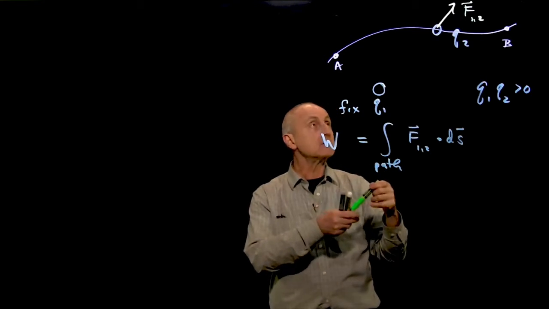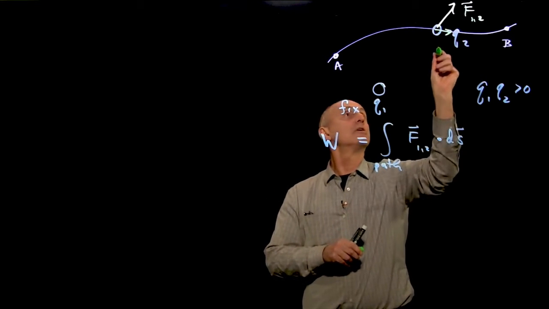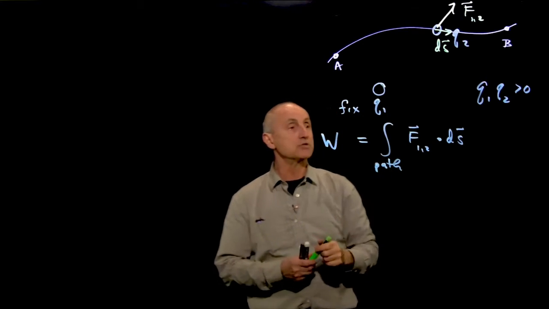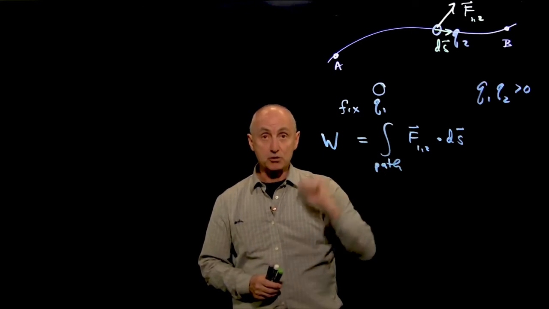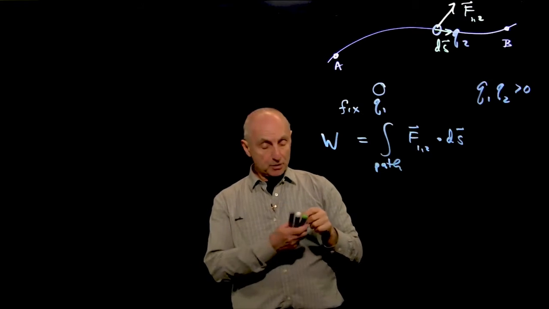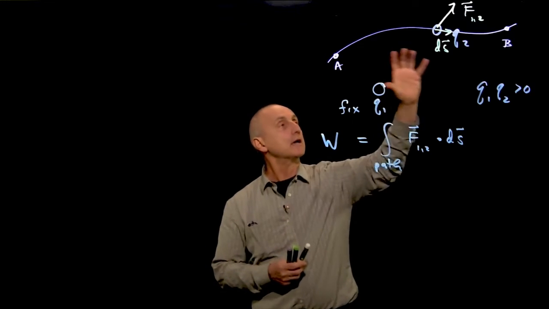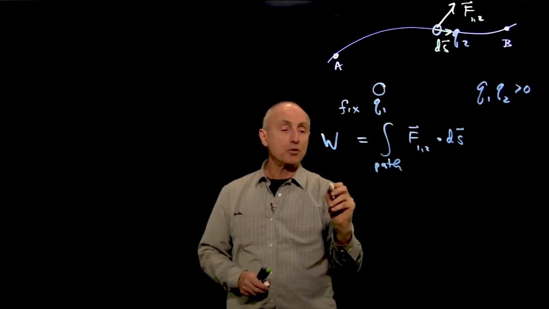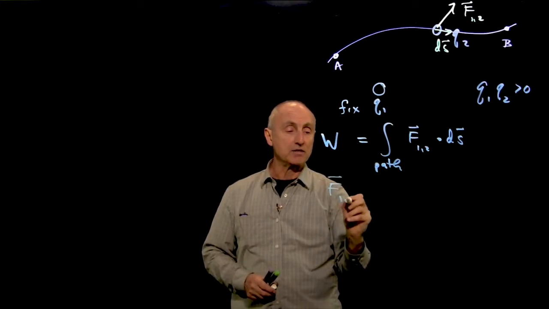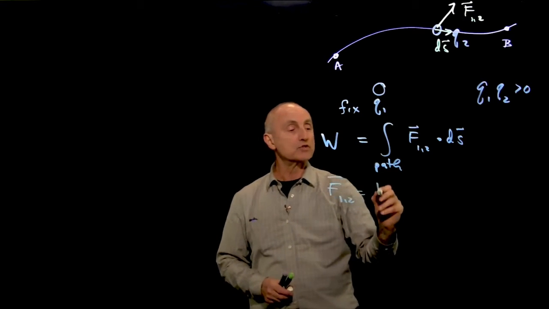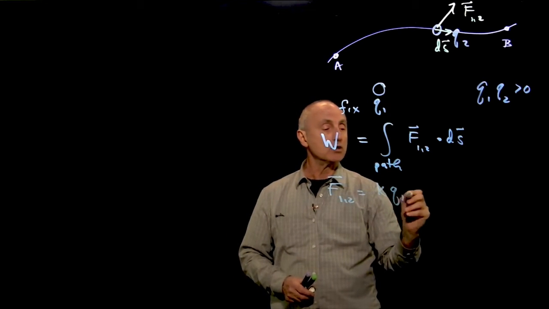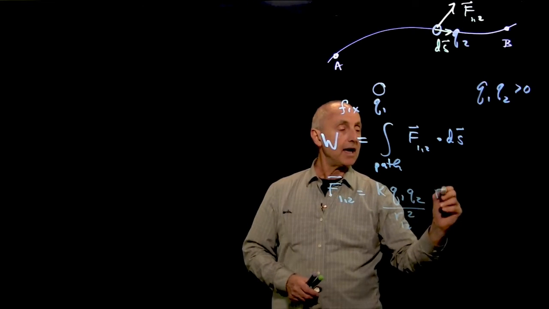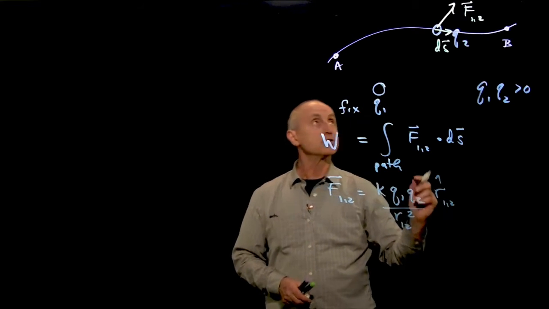And remember, that displacement is tangent to the path. And now what we'd like to do is to calculate this integral. Now, in principle, it can be difficult, but because we know the force law between these particles, and this is the key step, we know that this force is k q1 q2 over the distance r12 squared, and there's a unit vector, r12.